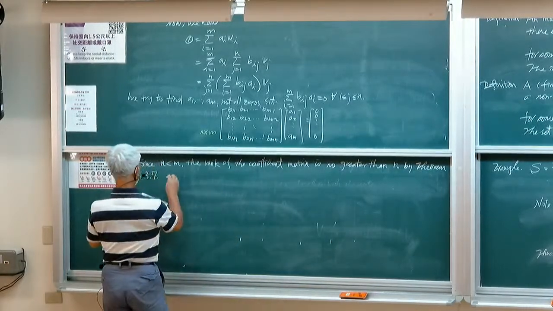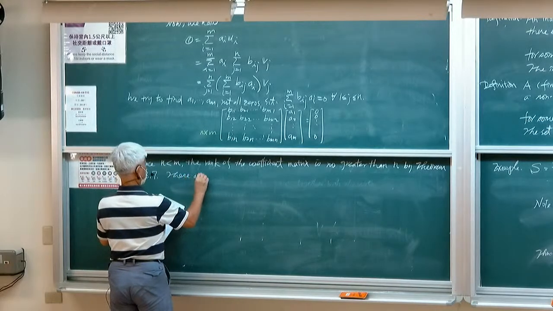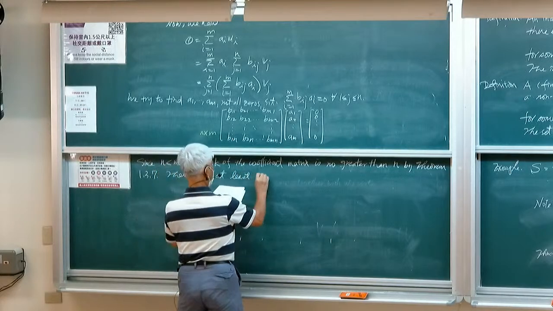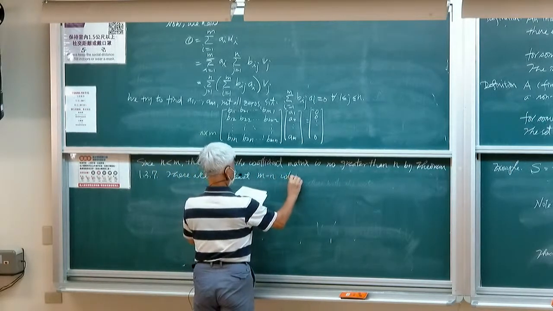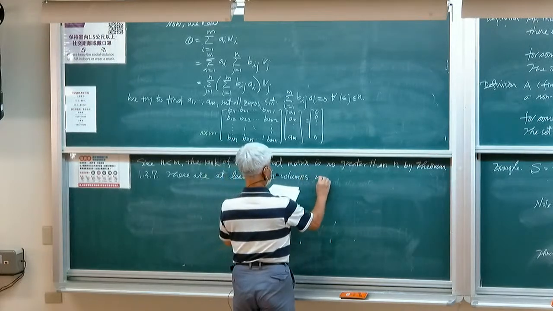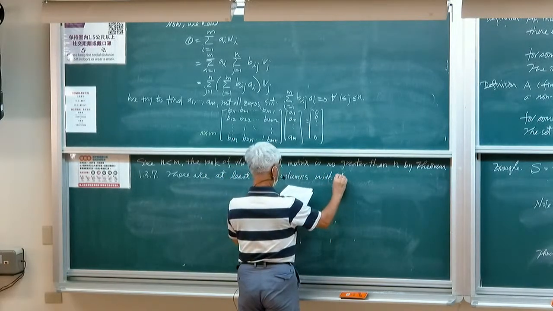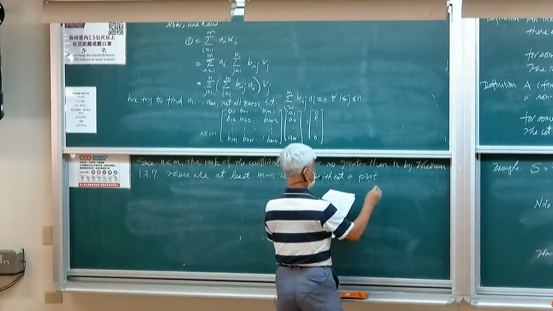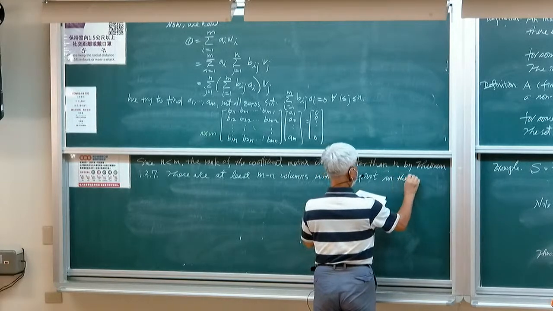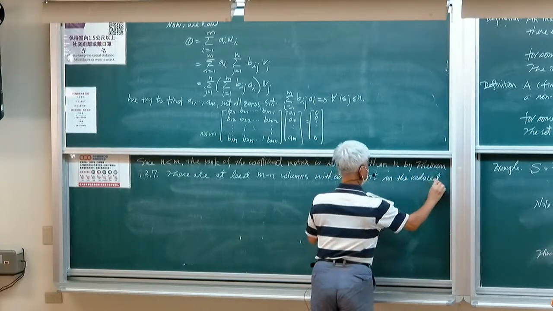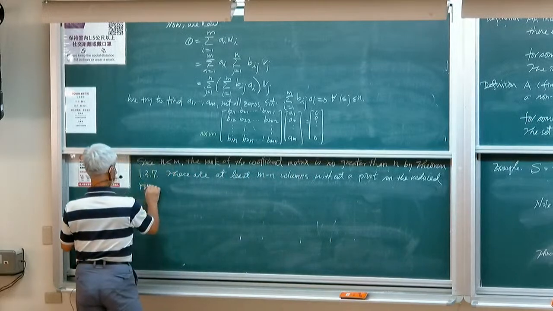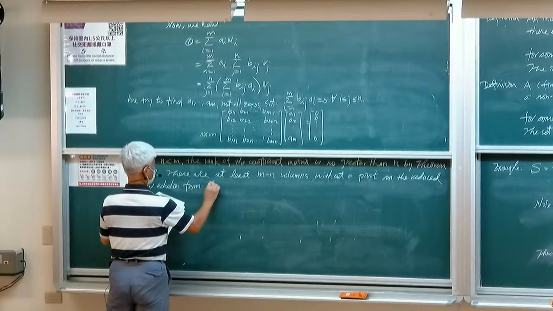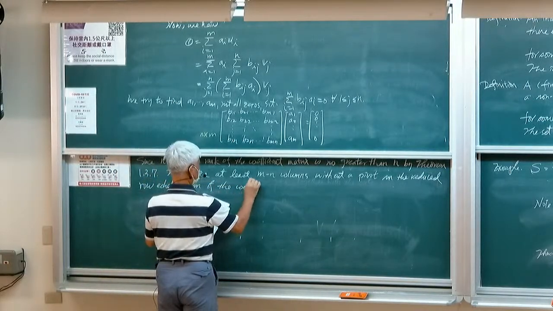So there are at least m minus n columns without a pivot in the reduced row echelon form of the coefficient matrix.